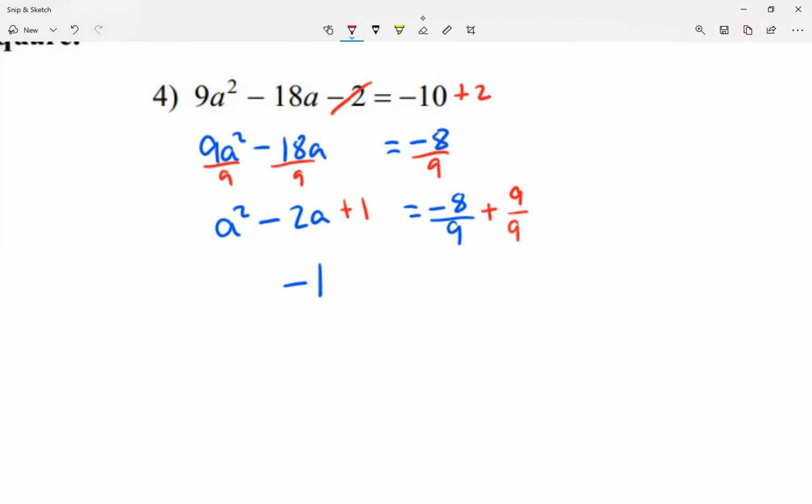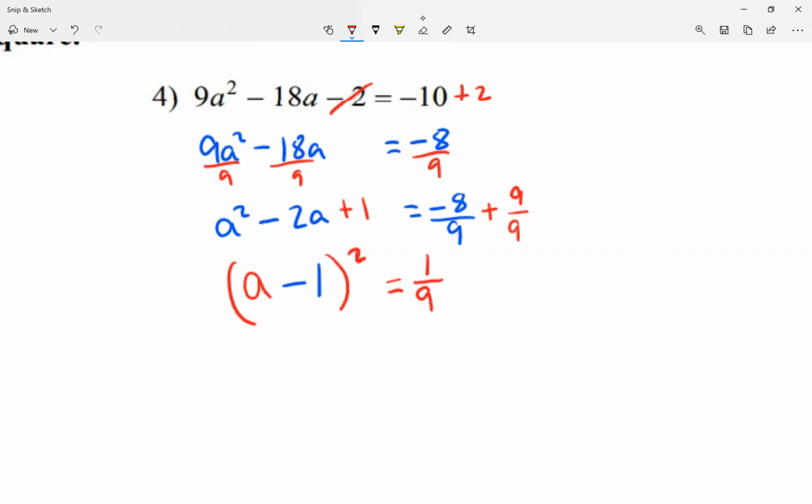So if I factor the left side, a squared minus 2a plus 1, I end up getting (a minus 1) all squared. This is the reason why we call this completing the square, because I get a square. Now, on the right side, -8 over 9 plus 9 over 9. It's a fraction, so it's a 9 at the bottom. -8 plus 9 gives me a 1 on the top.